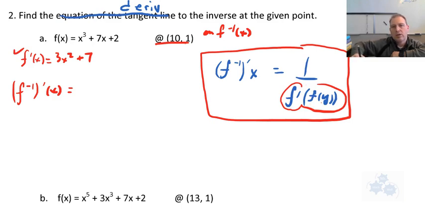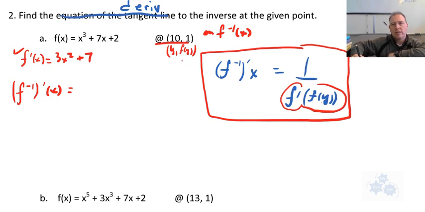Okay? So because this is on f to the negative 1 of x already, f of y is actually the y value of the original function. So if this is y, and this is f of y. Does that make sense?